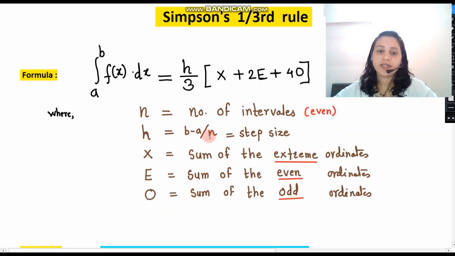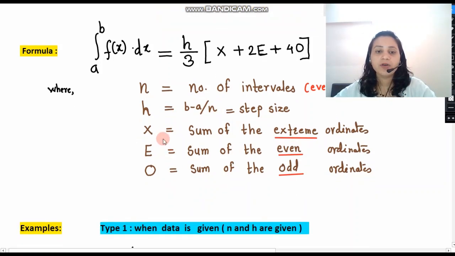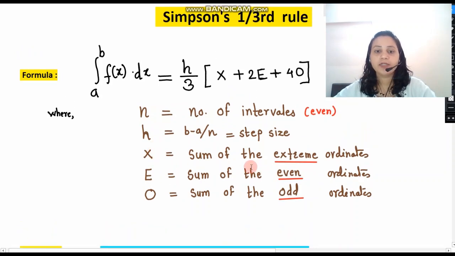Now h is similar to the trapezoidal rule. h is nothing but the width or the step size, or you can say the length of the width of the interval. h is equal to b minus a by n. This is the formula to find h. Now we move towards x. x is nothing but the sum of the extreme ordinates.